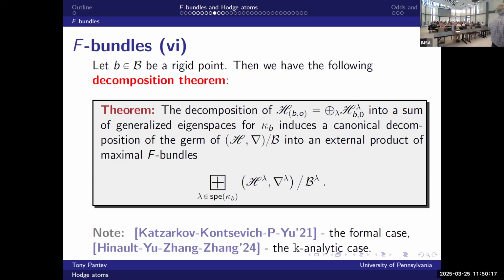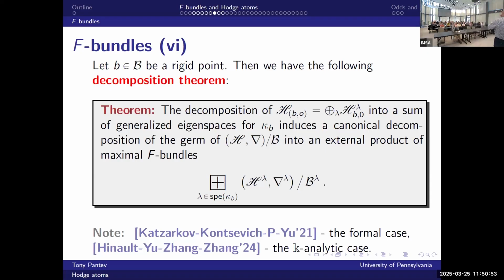So for instance, if you have a rigid point in B, then we have a decomposition theorem, which says that if you know how the fiber of H decomposes at one point, across the origin of the circle, into a sum of generalized eigenspaces for the operator kappa, then that induces a canonical decomposition of the whole F bundle.